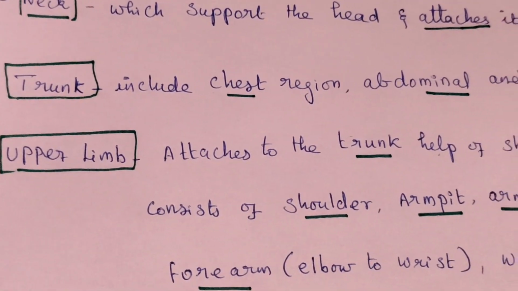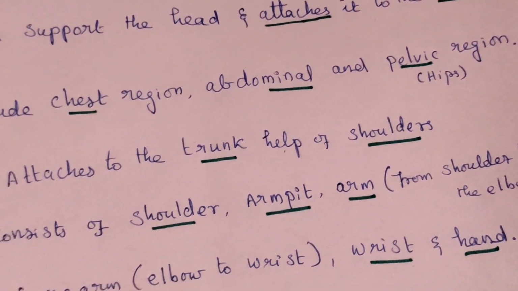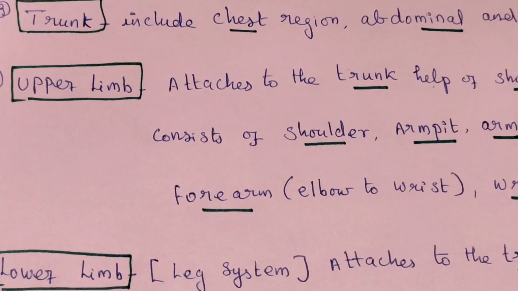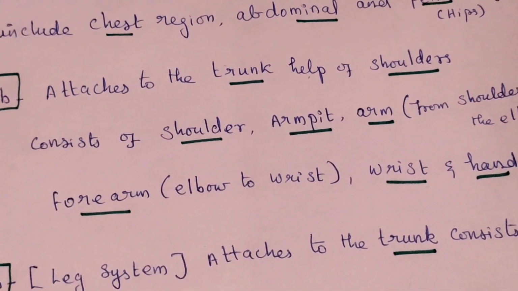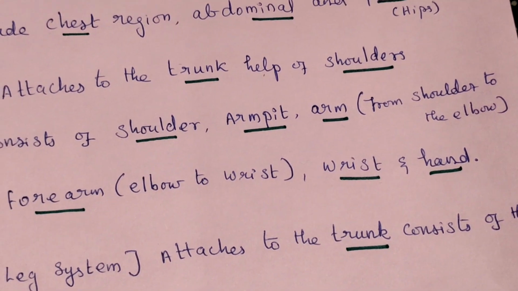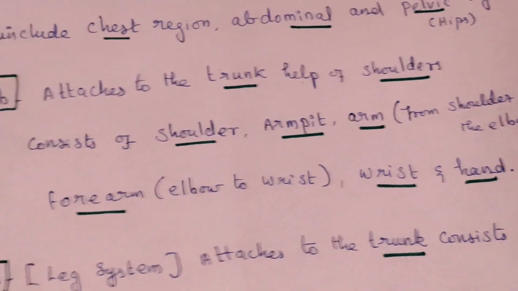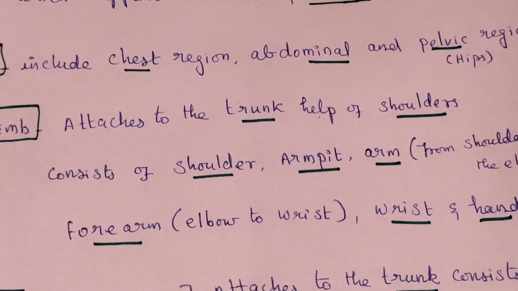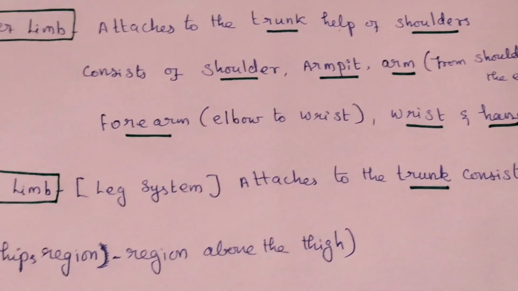Third is the trunk, which includes the chest region, abdominal and pelvic region. Pelvic means hip region. Then the upper limb attaches to the trunk with the help of the shoulder, and consists of shoulder, armpit, arm from shoulder to elbow, forearm, wrist and hand.